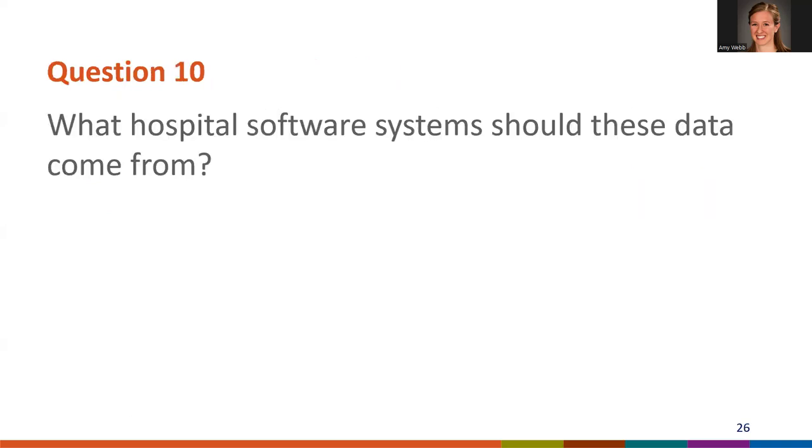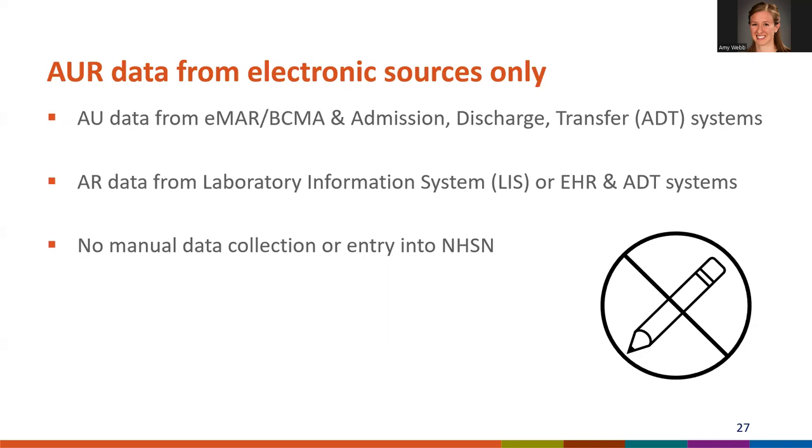Okay, let's switch gears a little bit and cover what hospital software systems these data should come from. Now, AUR data should come from electronic sources only. So we've already covered the fact that AU data must come from the administration systems of the EMAR and BCMA. And the denominator data, you're going to get from the admission discharge transfer, ADT, systems.